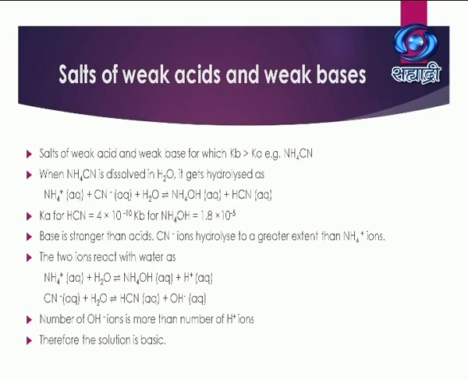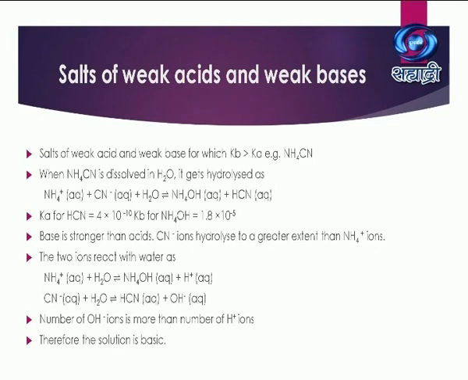Compare the two values. 1.8 into 10 raised to minus 5 is far greater, that is, Kb is greater than Ka. So what is the hydrolysis equilibrium? NH4 plus aqueous plus CN minus aqueous plus H2O reversibly gives NH4OH aqueous plus HCN aqueous. Now the base is stronger than the acid, so CN minus ions hydrolyze to a greater extent than NH4 plus ions.